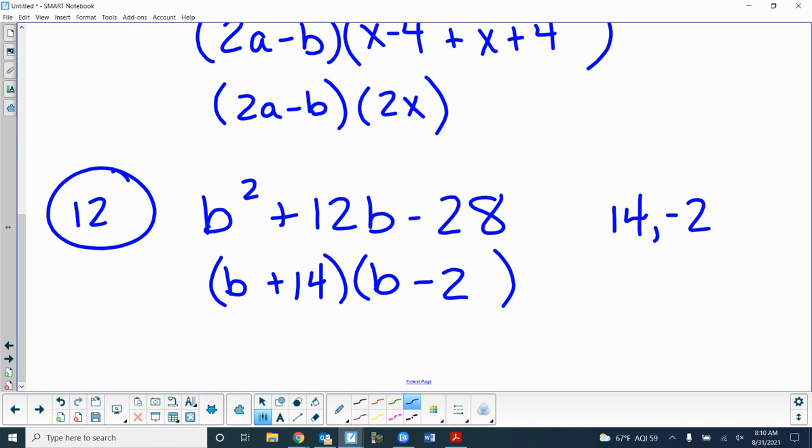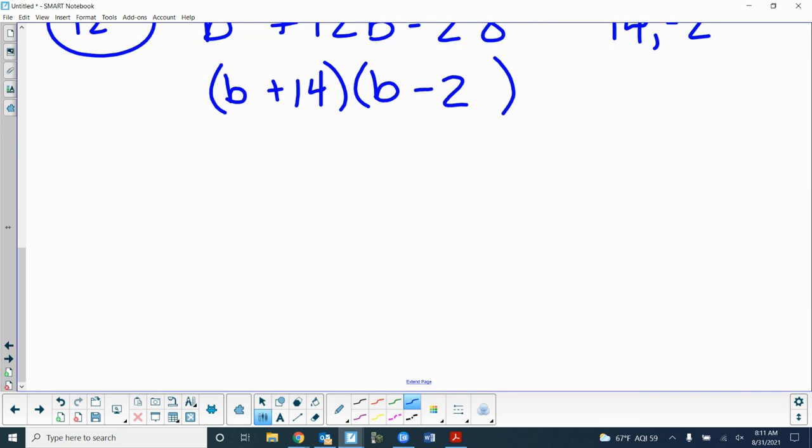For some reason in my head, I thought that wasn't going to work. So yeah, that's the 2 factors of negative 28 that add up to positive 12. Okay? That's all we have to do.